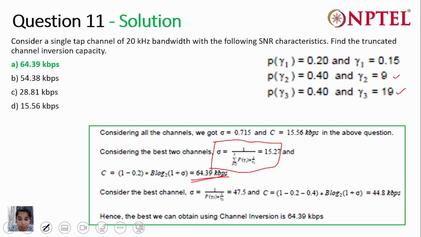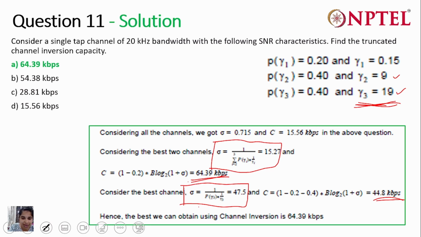and the capacity comes out to be 64.39 kilobits per second. However, good channels is a relative term. If we consider only the best channel, corresponding to gamma 3 equal to 19, then sigma is 47.5 and the capacity turned out to be 44.8.